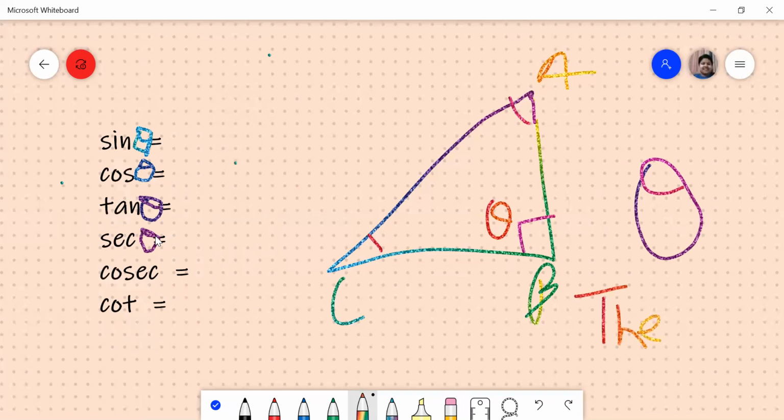So you call it sine theta, cos theta, tan theta, sec theta, cosec theta, cot theta, like that. So let me mention here, this is the hypotenuse, this is the perpendicular, and this is a base.